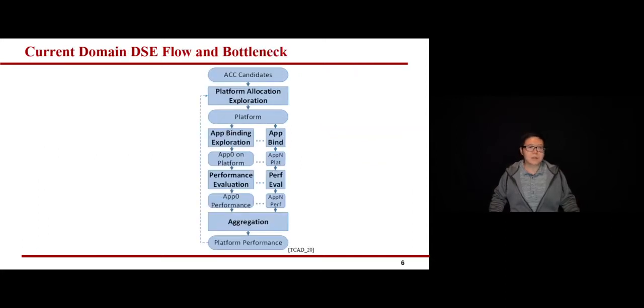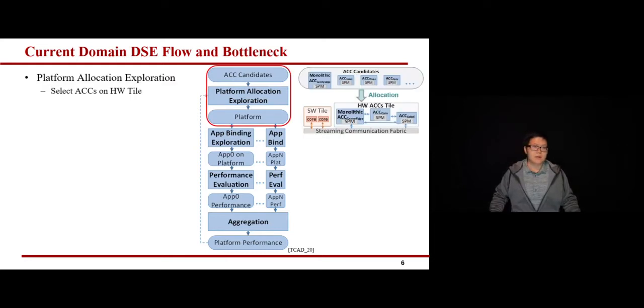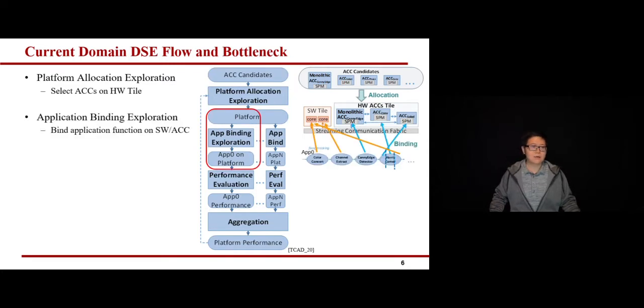To speed up domain DSE, let's first look at the domain DSE flow and figure out the bottleneck. The domain DSE first needs to do platform allocation exploration to select the accelerators to allocate on the hardware tile.